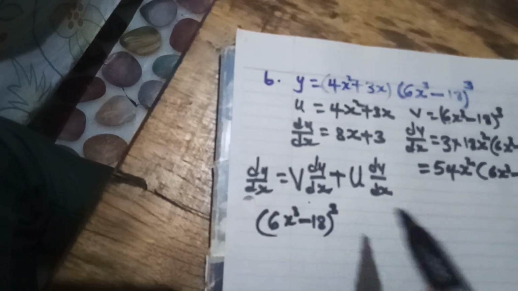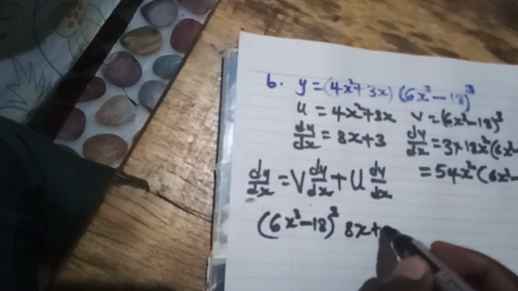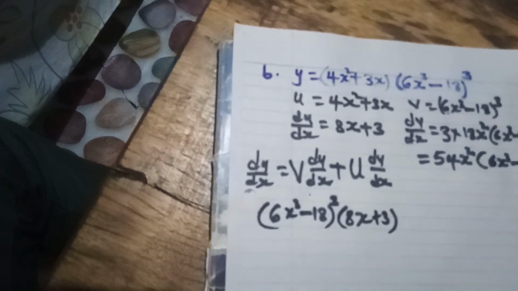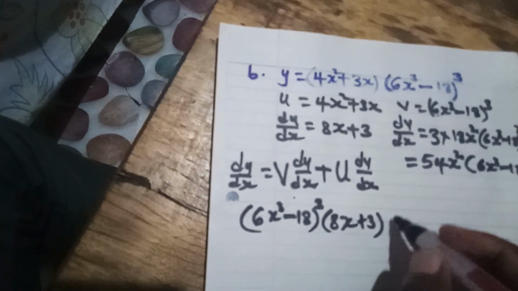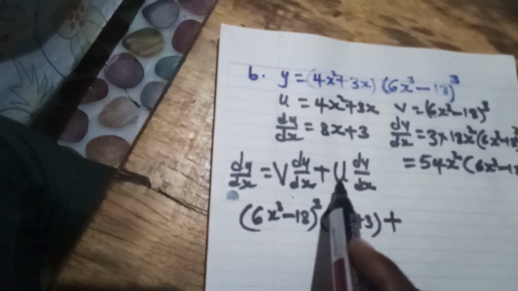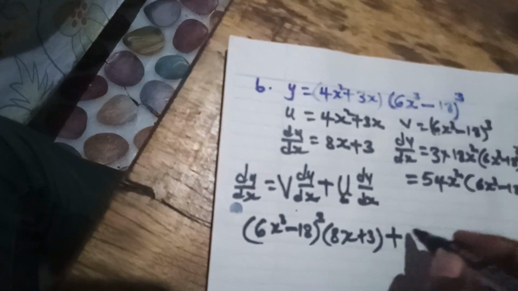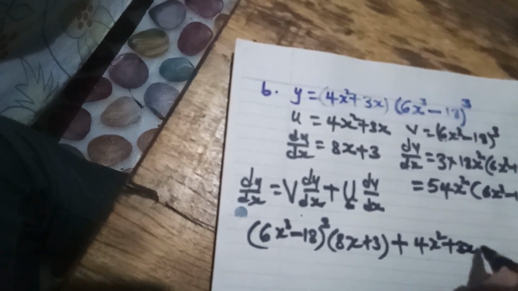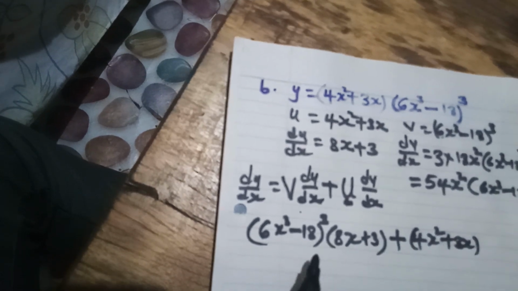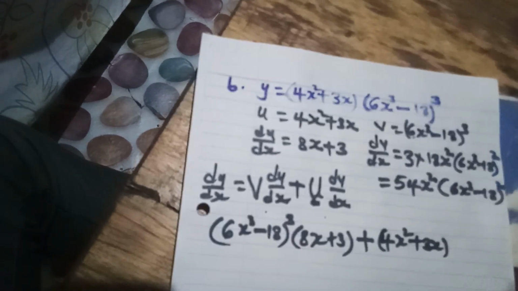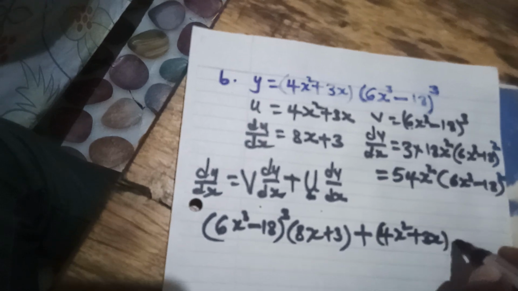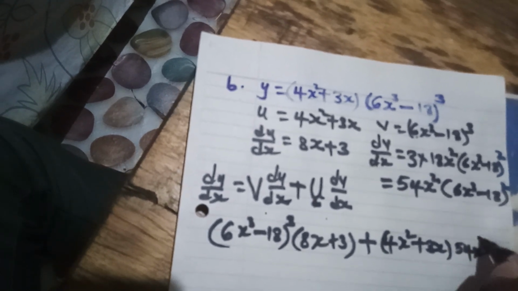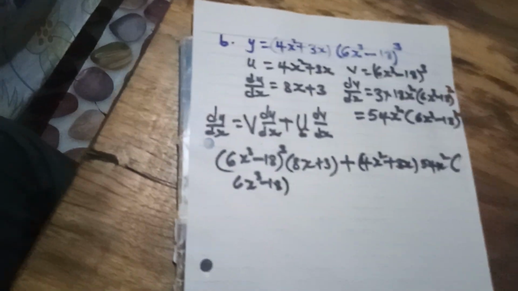Du over dx is 8x plus 3. Then we add u, the value of u was 4x squared plus 3x. Then the last part is dv over dx, which is 54x squared into 6x cubed minus 18, close the bracket.